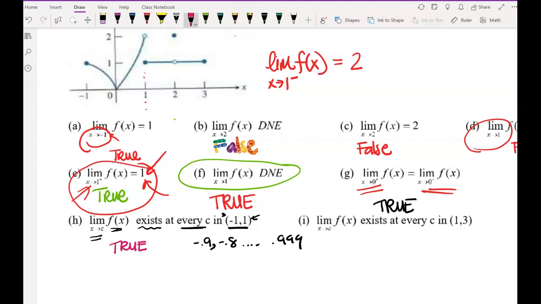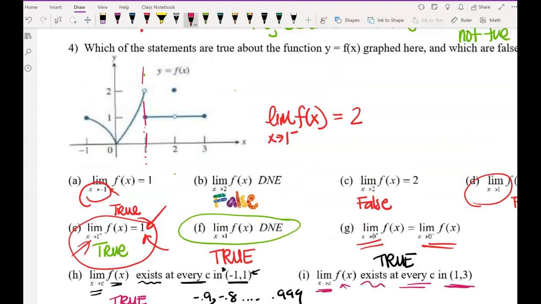Now I says, true or false, the limit as x approaches c of our function f of x exists at every c, where c is a value in the middle of 1 and 3. So let's go look at 1, and let's go look at 3. Some of you might say, well, there's a problem. There's a hole right here. The limit may not exist. That's not true. This also is true.